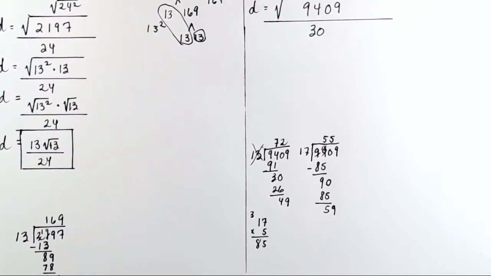So is 17 a factor of 59? I don't know. Trying to think of anything times 7 that equals a 9 other than 7.